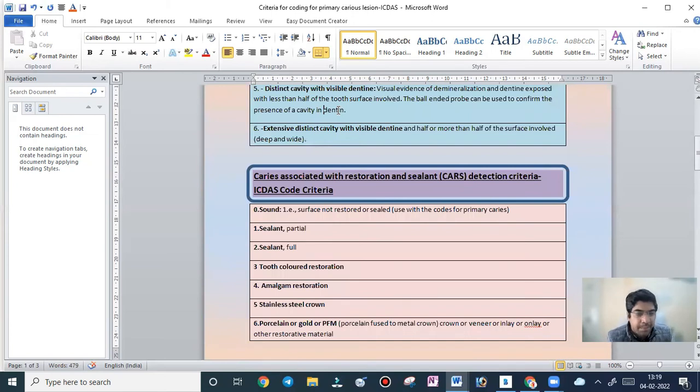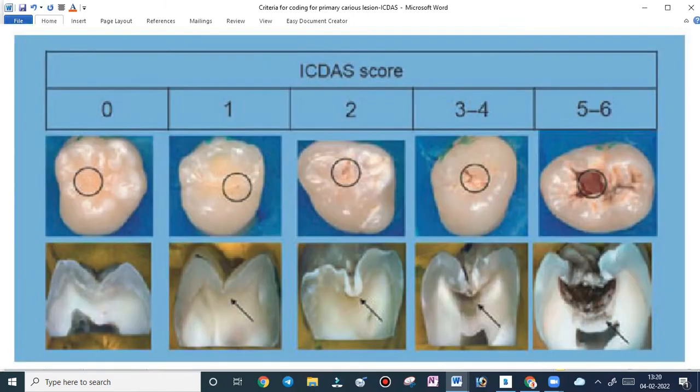Suppose, for example, a patient comes with a concern of sensitivity on drinking cold on her right lower back teeth. The clinical examination revealed the presence of a grayish bluish shadow on the marginal ridge of the tooth. So what would be the most appropriate coding for this lesion? The coding will be code number 4.